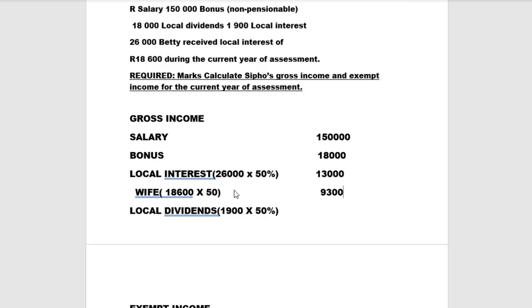But the local dividends, 1,900 divided by 2, it's 950. Are you all happy? All right, and then we're going to add them together.